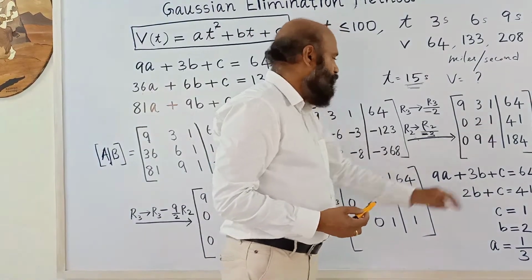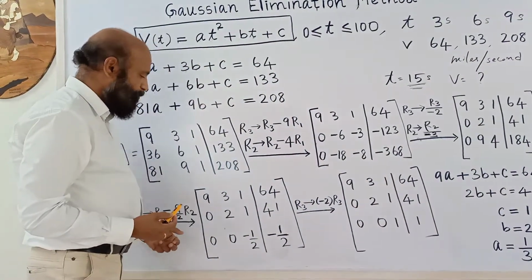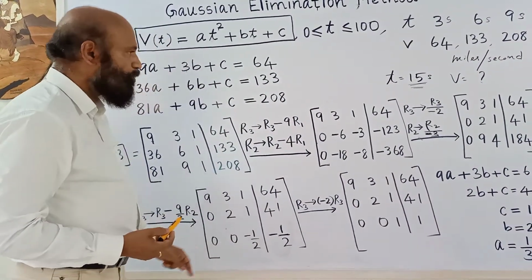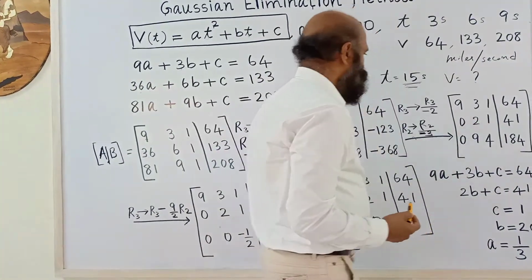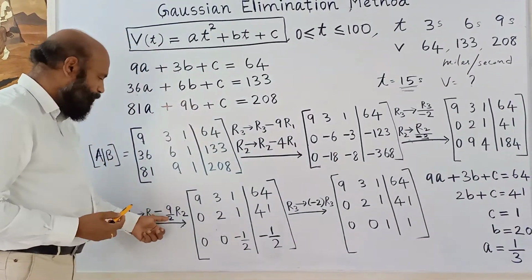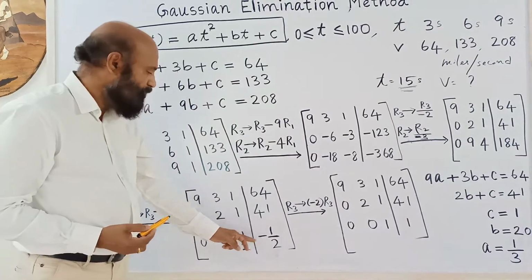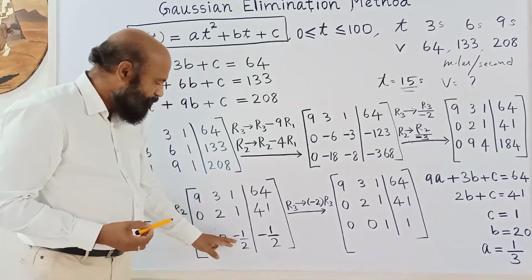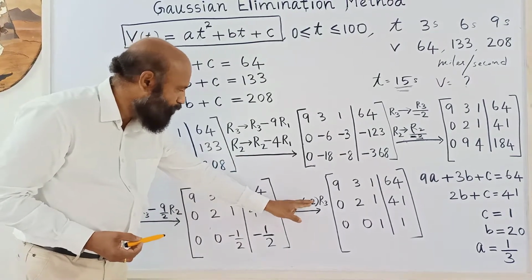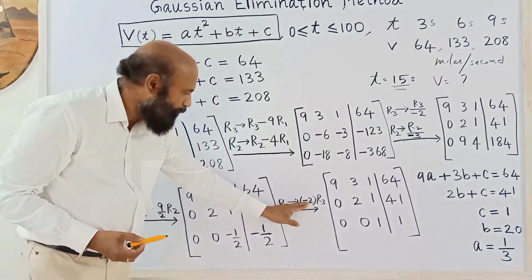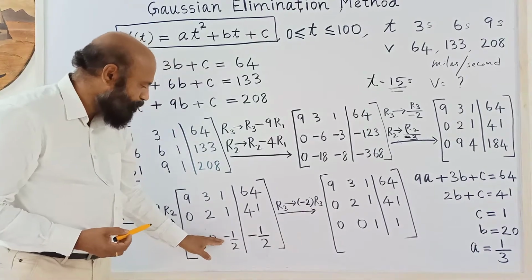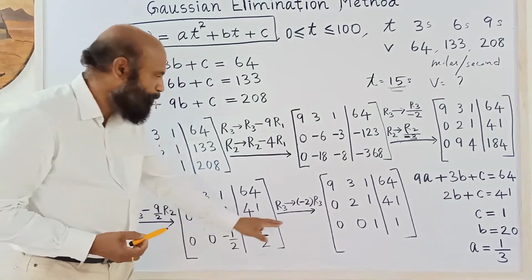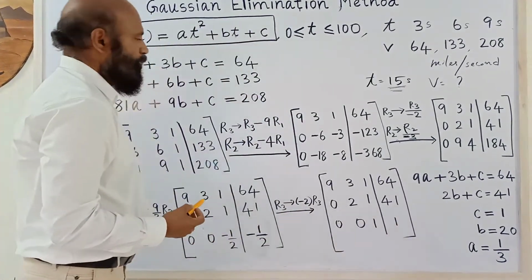Similarly, this number you multiply by 9 by 2 and subtract, so you will get minus half. Then this also you multiply by 9 by 2 and subtract, you will get minus half. The next elementary transformation is here. The third row, you multiply by minus 2. When you multiply this by minus 2, it will become 1 and 1.